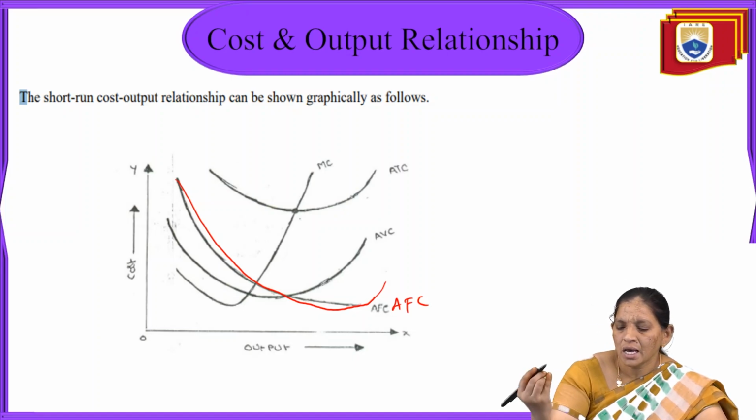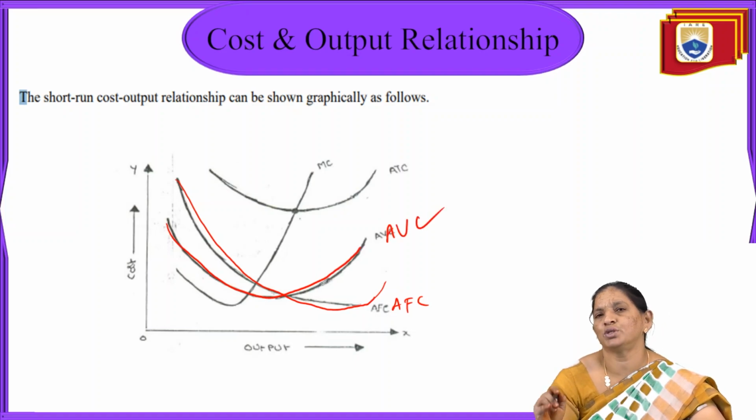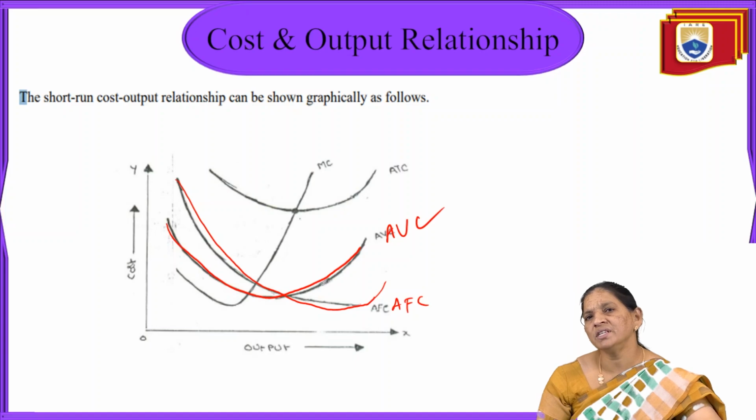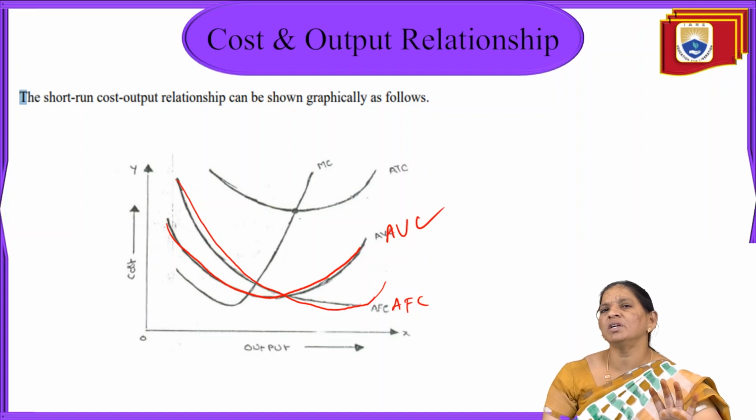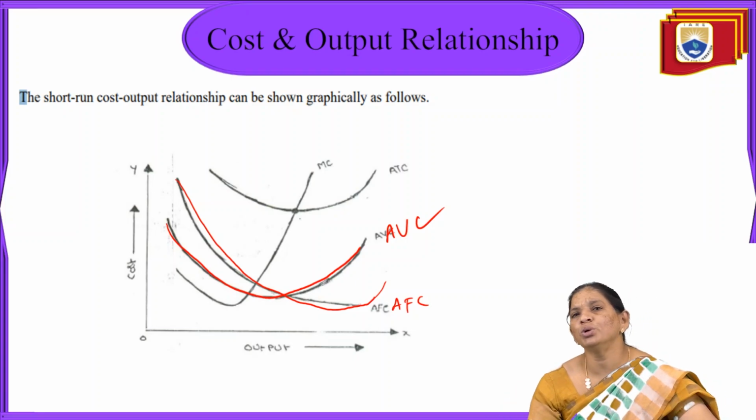And the average variable cost is below the average fixed cost. Why? Because the fixed cost will be constant for a certain period, but the variable cost will always increase.